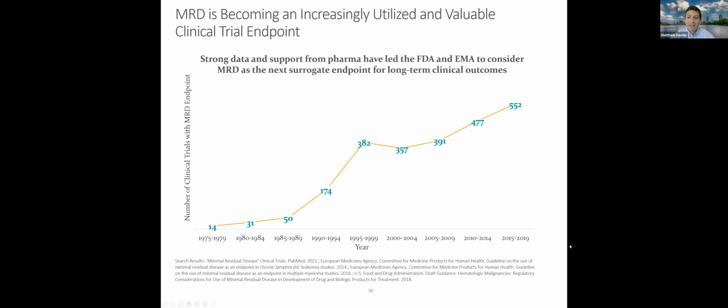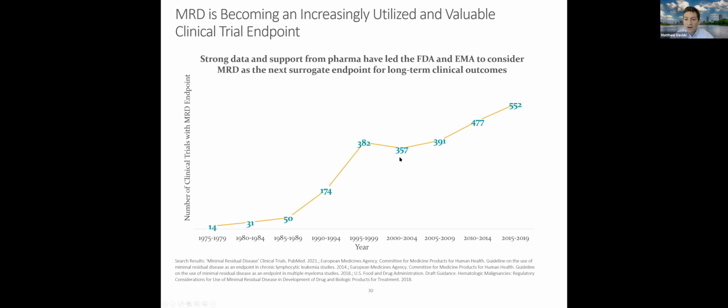And this is really just to highlight the growing interest in MRD within the field. These are the numbers of CLL trials that have incorporated MRD as an endpoint. You can see MRD is an old technology. It goes back to the 70s, actually, when it first entered the clinic looking at chemotherapy, but very few studies were utilizing it. It was really when we got into the 90s when we had more powerful chemotherapy-based regimens that the interest grew.